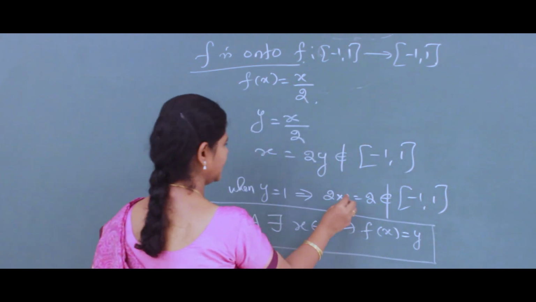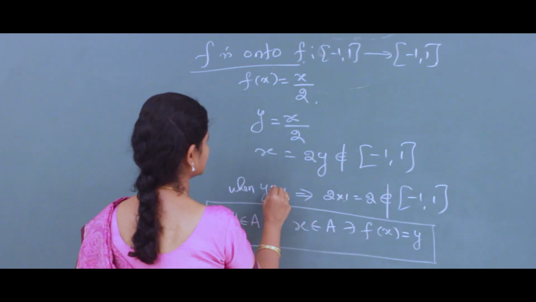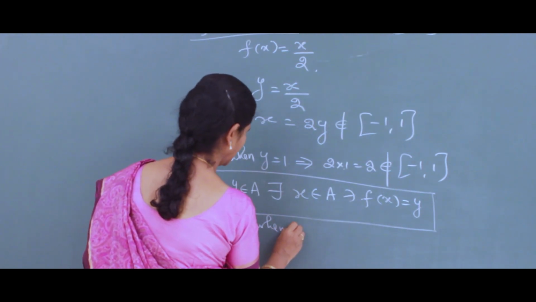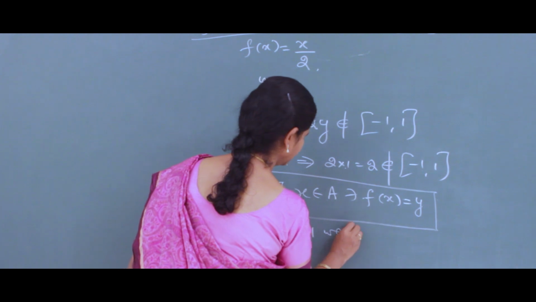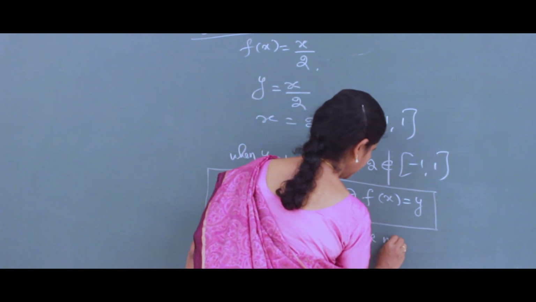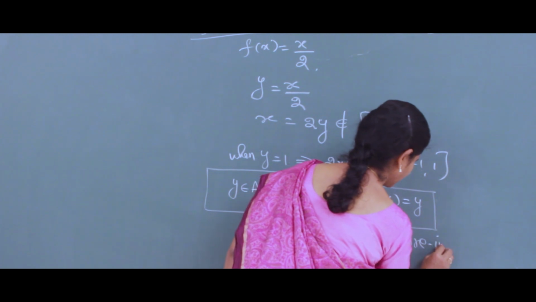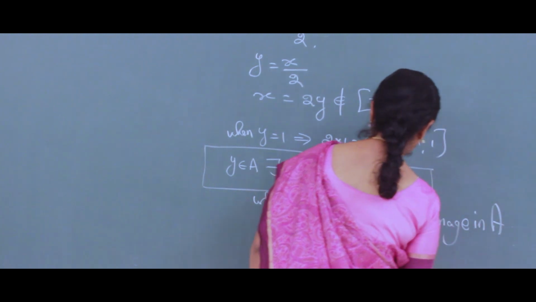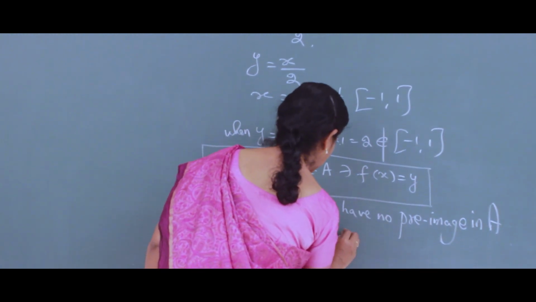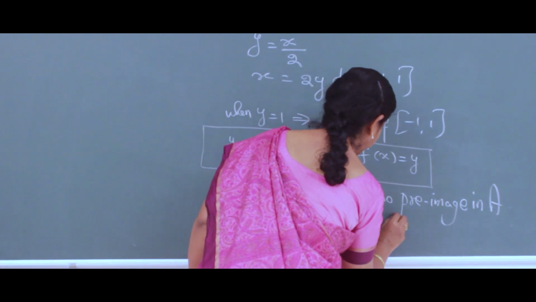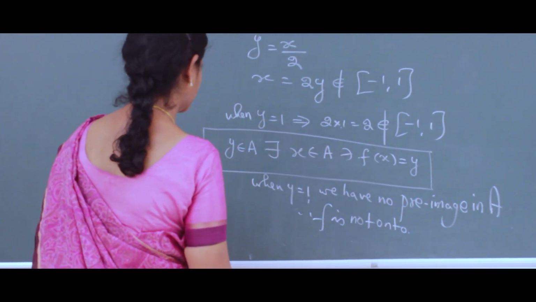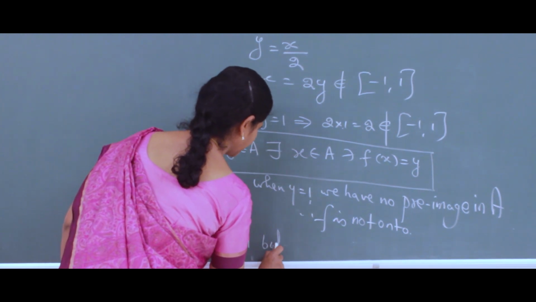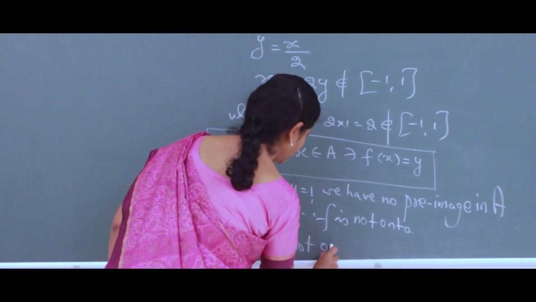But there is no such element in A. So this element does not exist in A. So when y equal to 1, we have no pre-image in A. Therefore f is not onto. f is 1 to 1, but not onto.